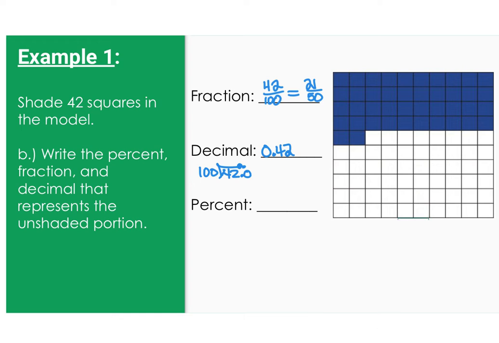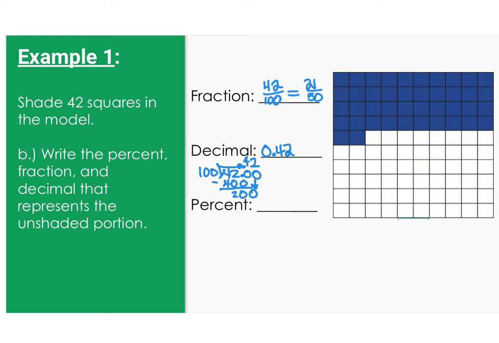So now 100 can go into 420, and it goes into that 4 times. That's 400. I subtract. I'm left with 20. I need to add another 0 and bring it down. 100 goes into 200 2 times. 2 times 100 is 200, and I subtract, and I end up with 0.